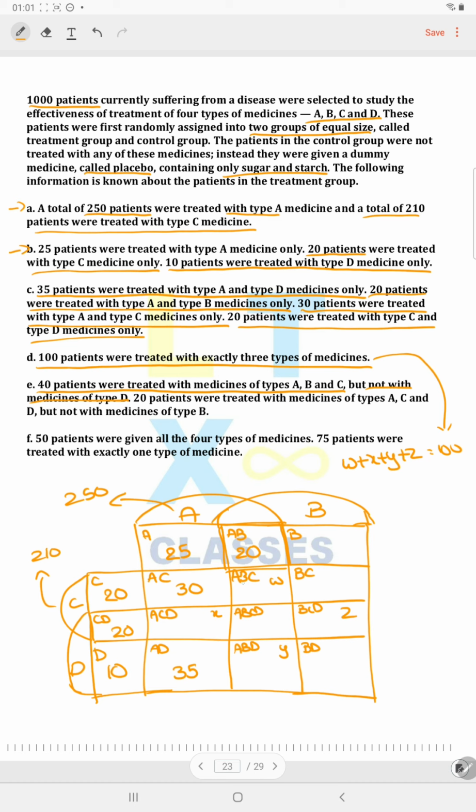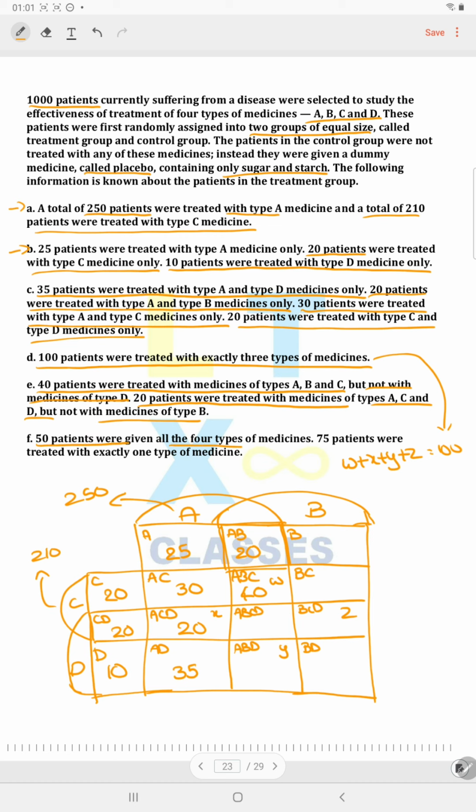So the W value is already given, which is 40. 20 patients were treated with medicines of types A, C and D but not B, and that represents X, which is 20.